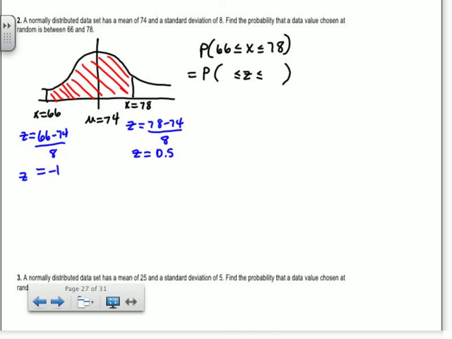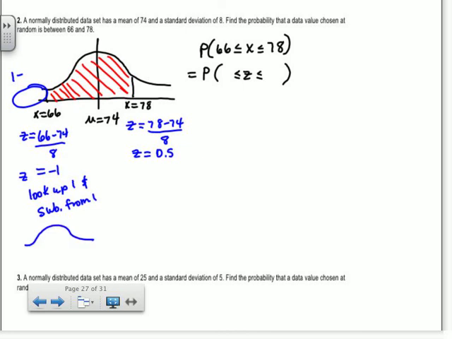Now you can't just look up -1 on your chart. We don't have negatives. How would I find this little bit right here? You can look up the value of 1 and then subtract from 1.